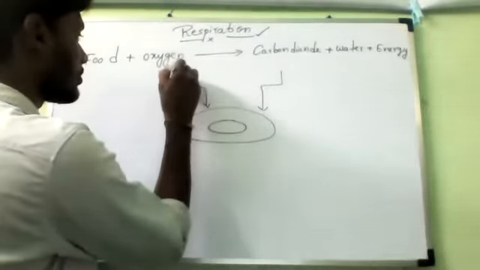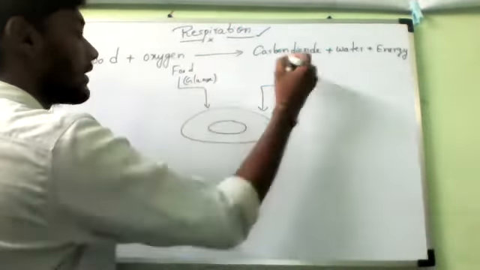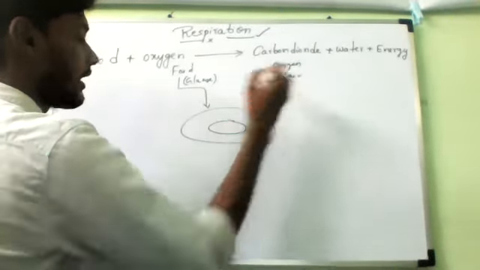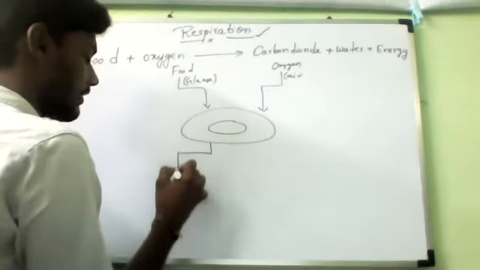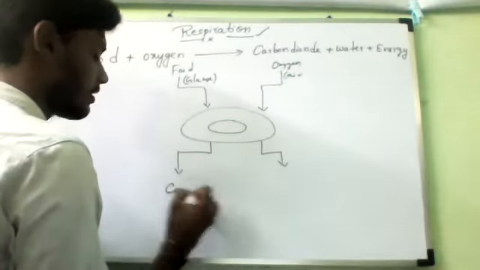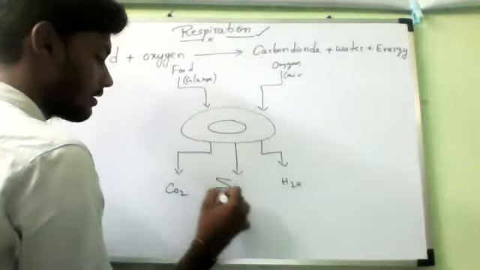Food means glucose. So oxygen from air enters the body cell, so that it will release the byproducts CO2 and water, as well as energy.